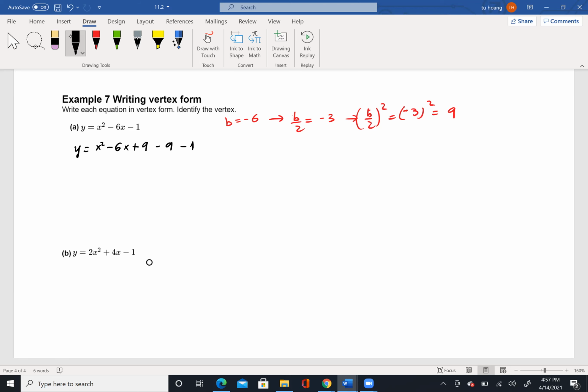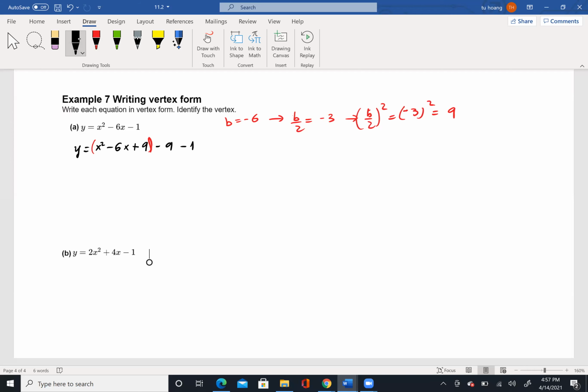Okay, because now I can make this group become a perfect square trinomial.